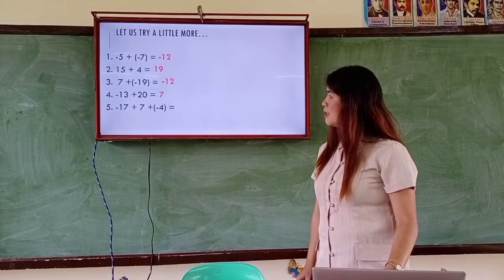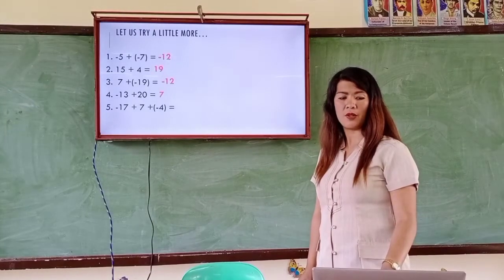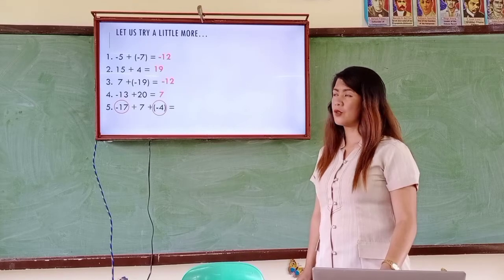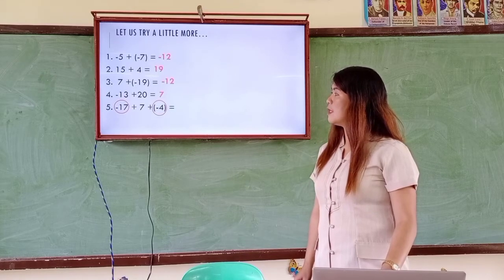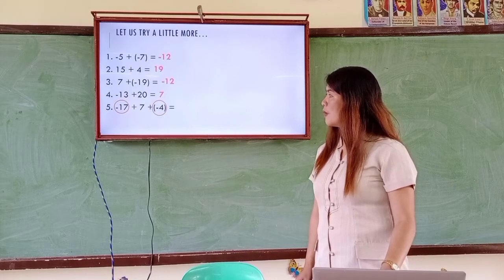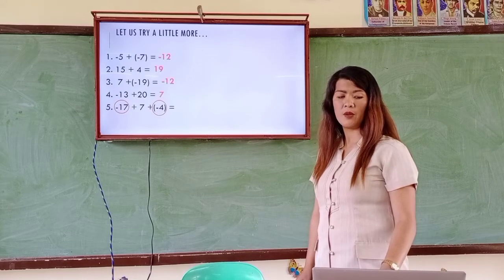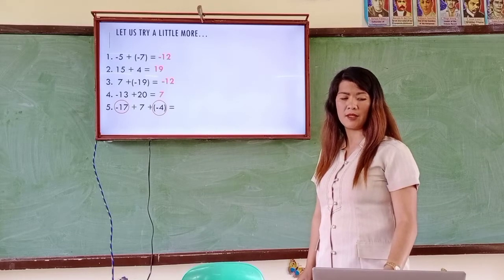Okay, we have three integers. So what shall we do? Okay, combine the integers with the same signs. Since 17 and 4 are all negative, combine them. So 17 plus 4 is 21, and the common sign is negative.